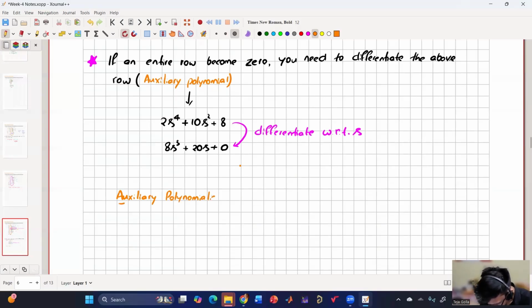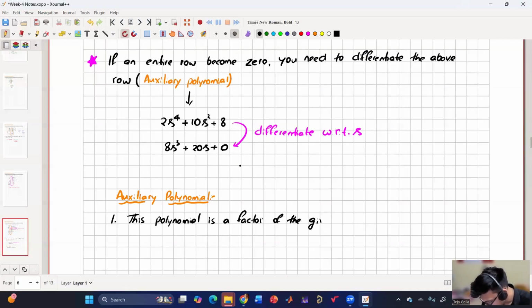So first of all, this polynomial is a factor of the original equation, or the given polynomial. So we can find these roots, and then those roots will also satisfy the given polynomial. So we can directly get the roots from this auxiliary polynomial.